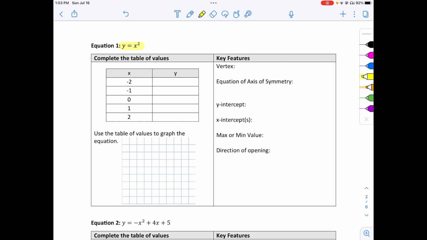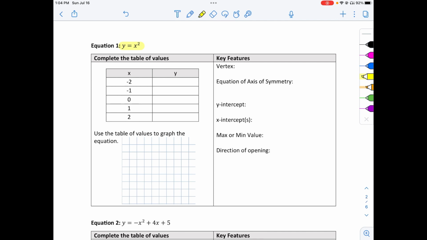You may recall that with linear relations, y equals x was the most basic line we could have. It was the parent function, and it crossed both the x and the y-axis at 0, 0 through the origin and had a slope of 1. Similarly, this is the parent function for a quadratic relation. There's nothing extra added to it.